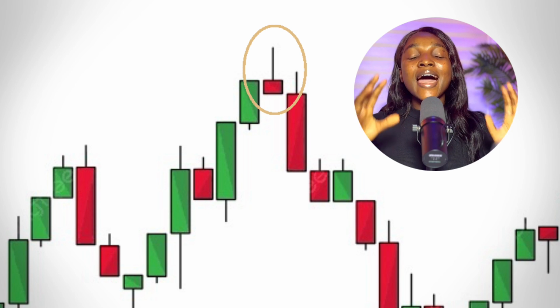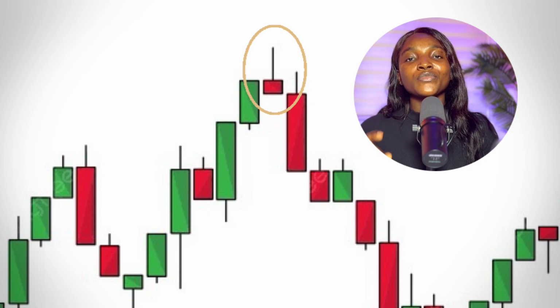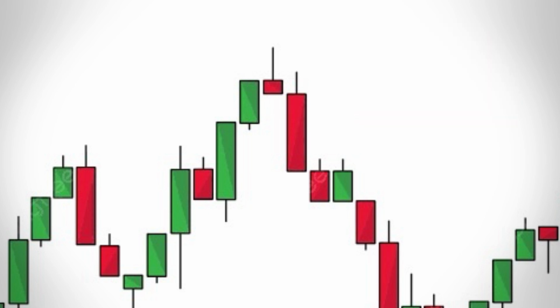A shooting star candlestick typically appears at the top of an uptrend and signals a trend reversal to downtrend. This pattern reflects strong selling pressure after an attempt to push price higher during the trading session. Now, here's how you can identify a shooting star candlestick on the chart.